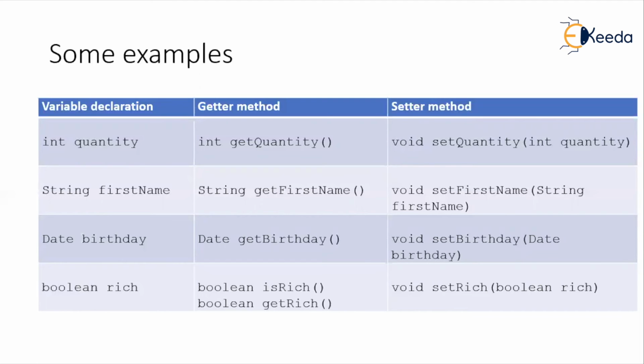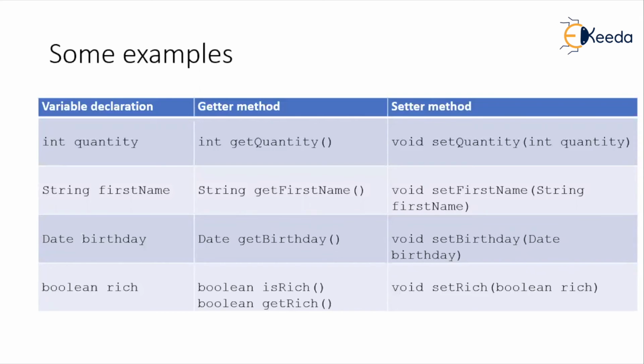Now, when it comes to Boolean values, in the case of Boolean we are going to ask a question like, is the user valid? Is the color red? And you are going to get an output of yes or no. So for a getter method, you can have a question such as isRich, or getRich.